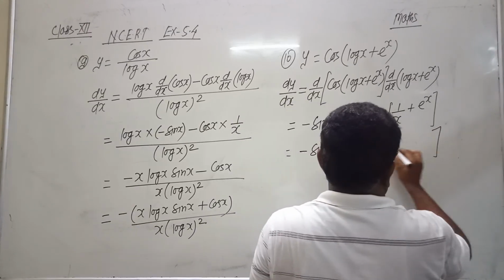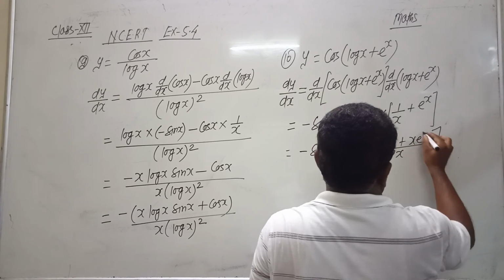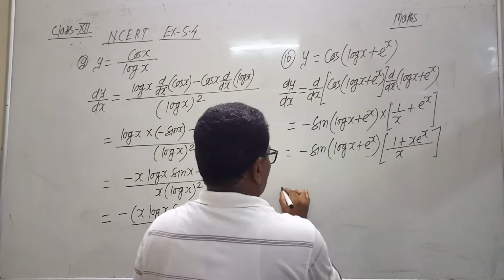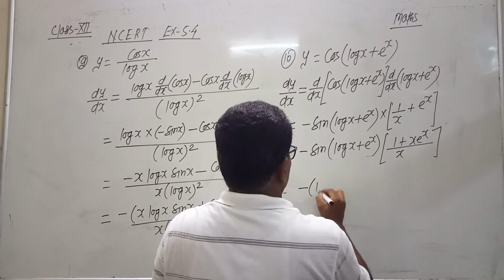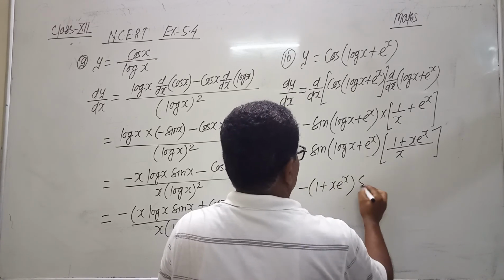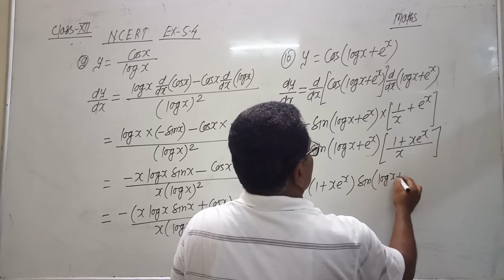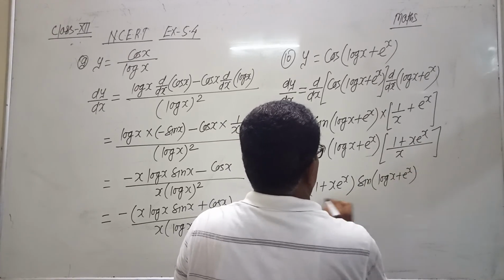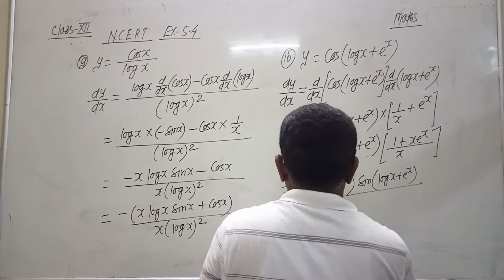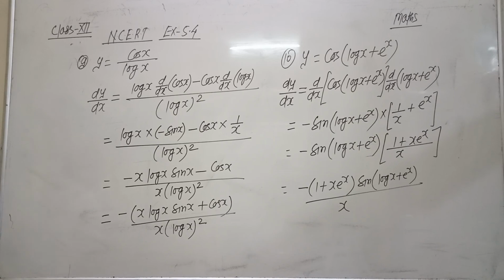Taking LCM x, we get 1 plus x into e raised to the power x. So this is written minus 1 plus x e raised to the power x, and sin of log x plus e raised to the power x, upon x. So this is the result, and we have completed NCERT exercise 5.4.